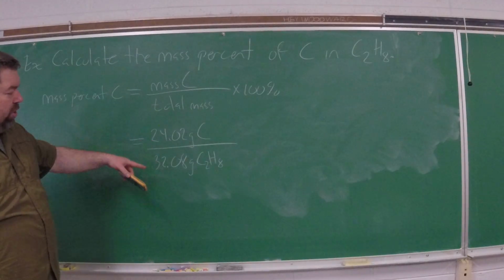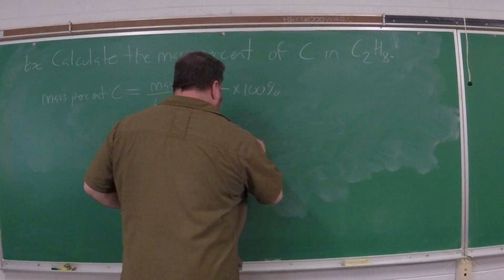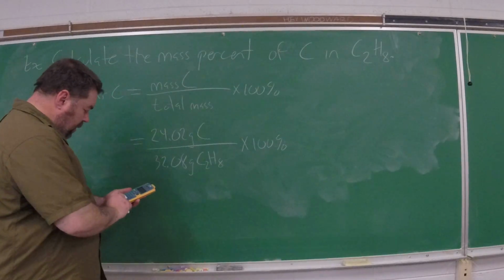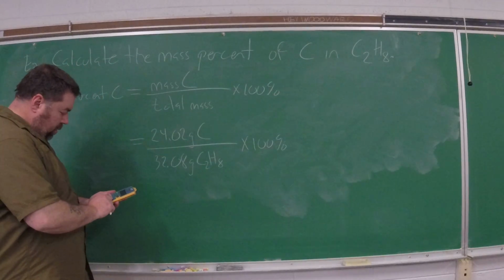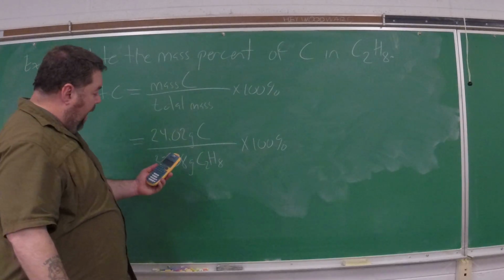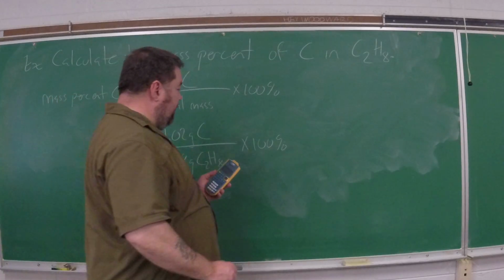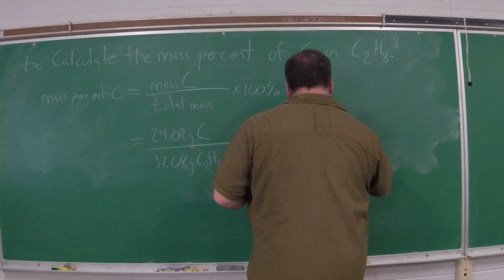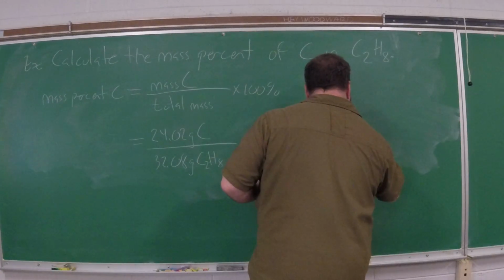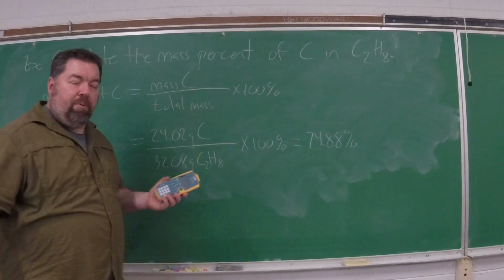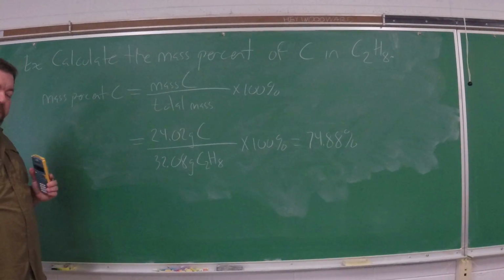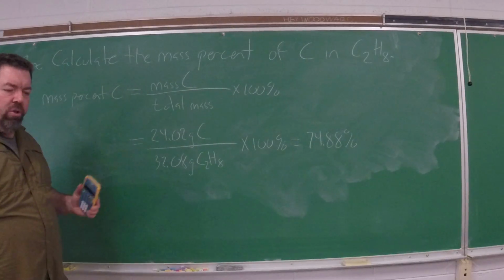Carbon is 24.02 grams, and then times 100%. I am getting, we're going to have 4 sig figs, 74.88%. Again, I think this is pretty straightforward, maybe. Even so, we'll do one more example.